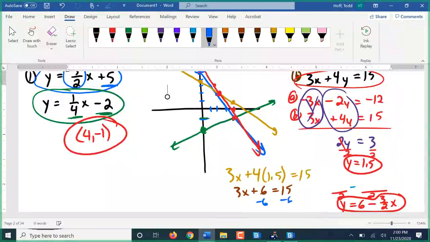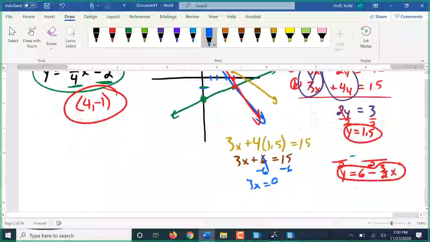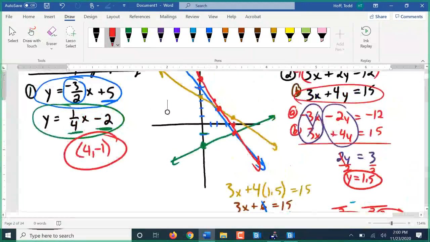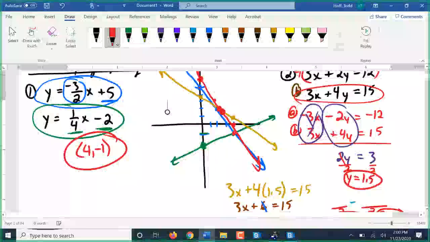Subtract 6. 3x equals 9. And divide by 3. X equals 3. So even though that's relatively simple fractions or decimals, 1.5 and then a 3 is actually a whole number, trying to find that off the graph would have been next to impossible.